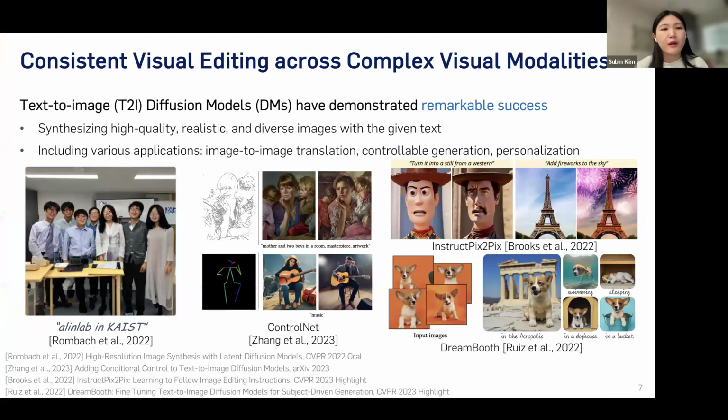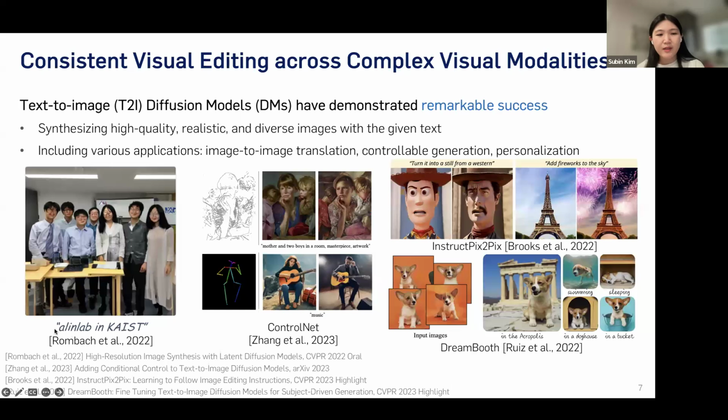This paper, as I briefly showed, focuses on visual editing across complex visual modalities. Recent text-to-image diffusion models have demonstrated remarkable success in generating high quality, realistic, and diverse images from given text.